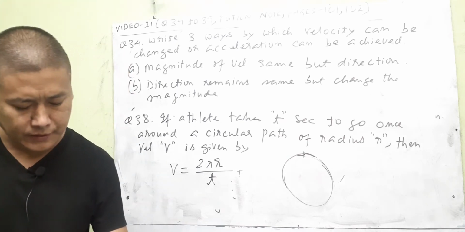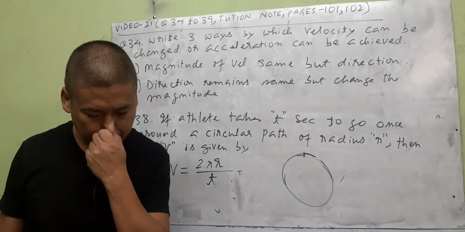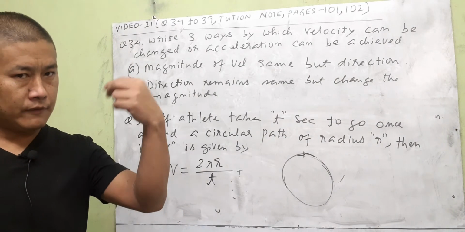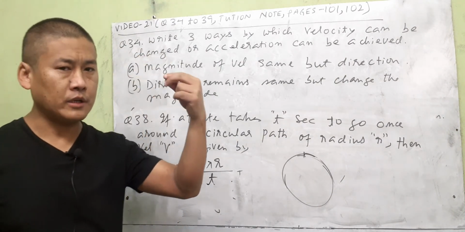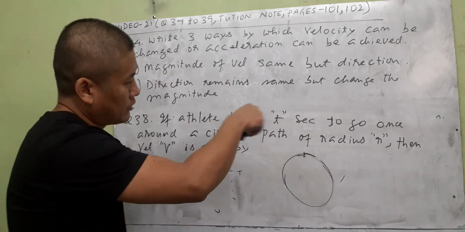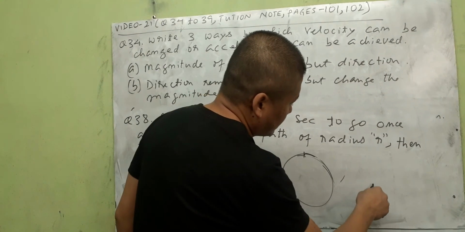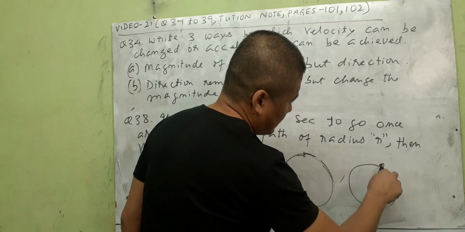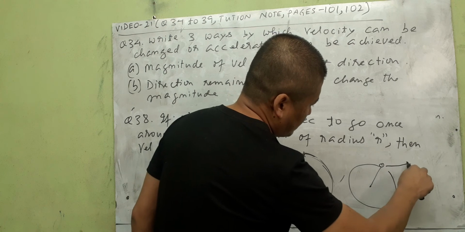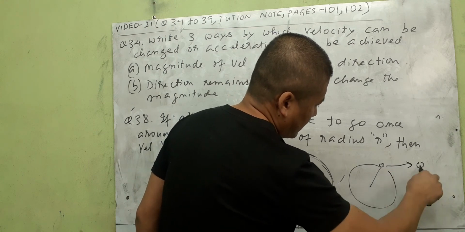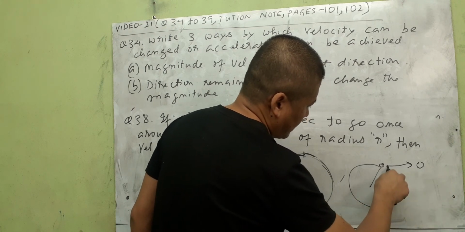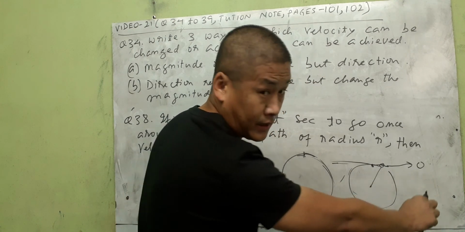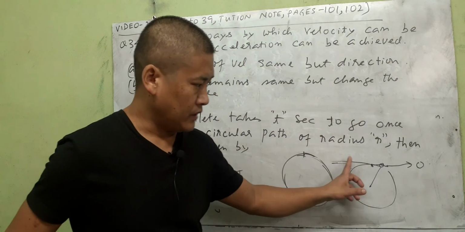Read the question again. With an example, show that the direction of motion changes at every point for an object in circular motion. Direction is changing at every point. We know that by our own sense, but how do we prove it? Tie the stone and rotate, and as you release the stone, it will begin to go in a straight line, and if you extend this, it will touch the circular path at only one point, meaning that line is called a tangent.